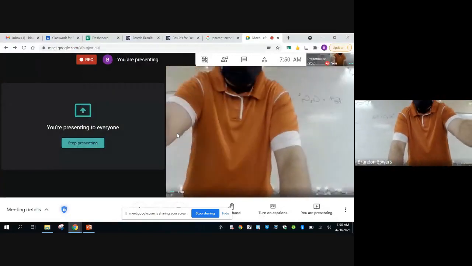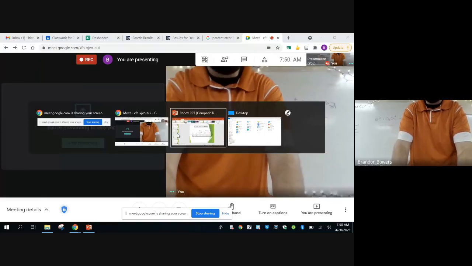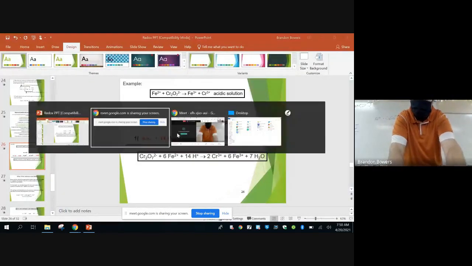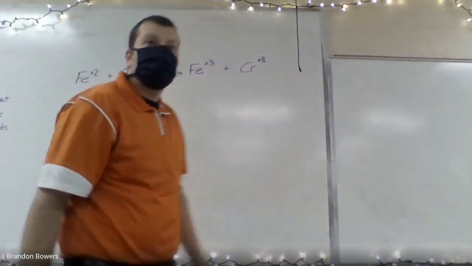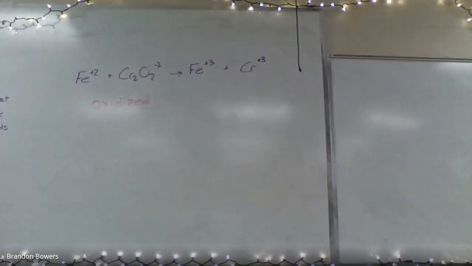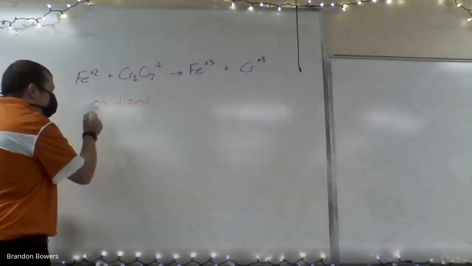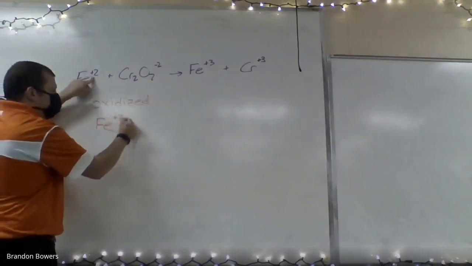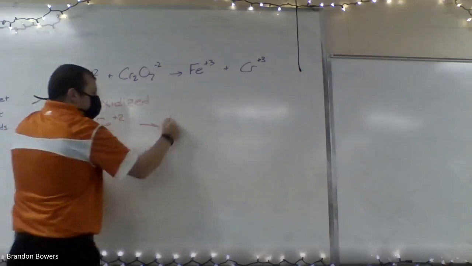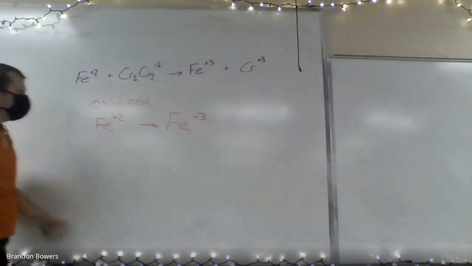Anybody got a guess? Fe, it goes from a 2 to a 3, right? So we know Fe is being oxidized. So my oxidized reaction is Fe from +2 to Fe +3.